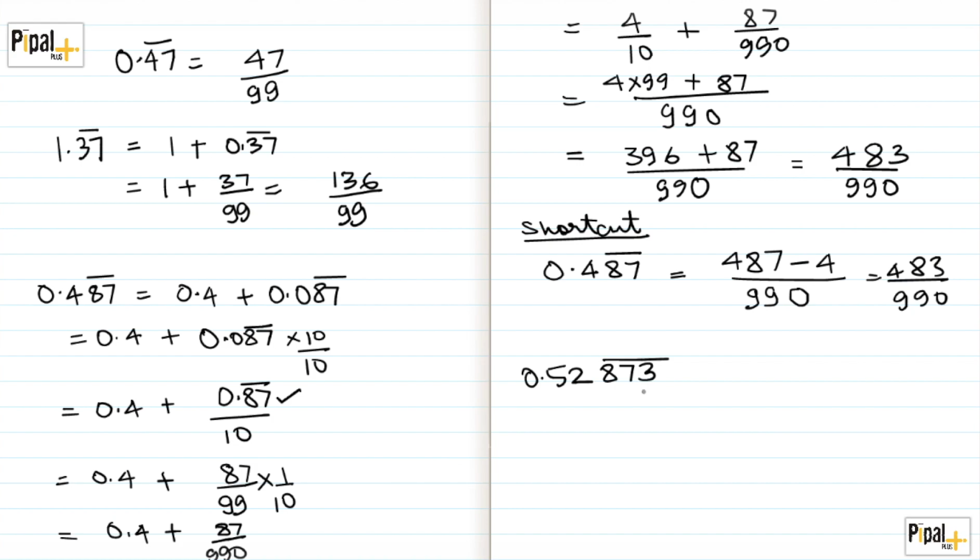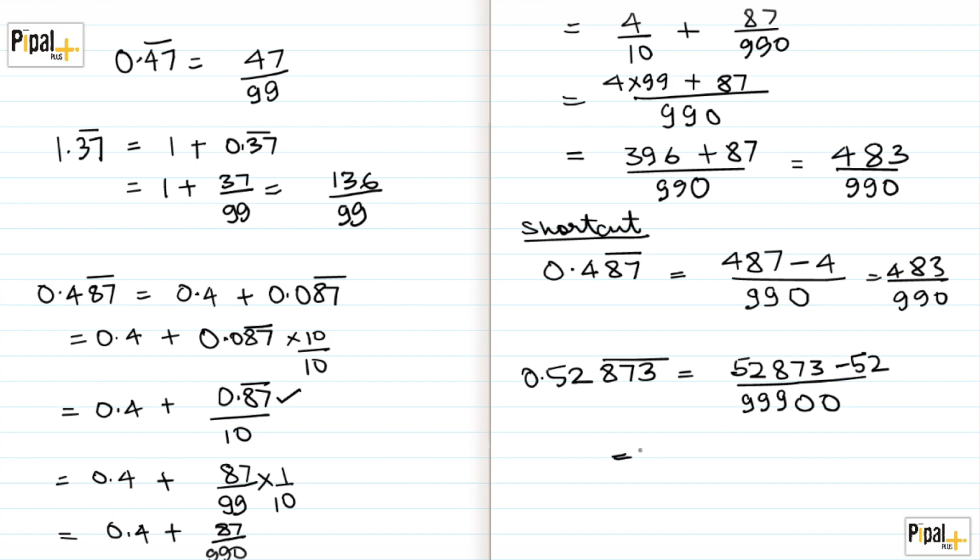0.52873 with only 873 repeated, right? So I'll write my denominator first. My denominator is going to be 999, right? 3 recurring digits, so a 9 for each recurrence. 2 non-recurring digits, 2 zeros, 1 for each of the non-recurring digits, and the numerator will have 52873 minus 52.